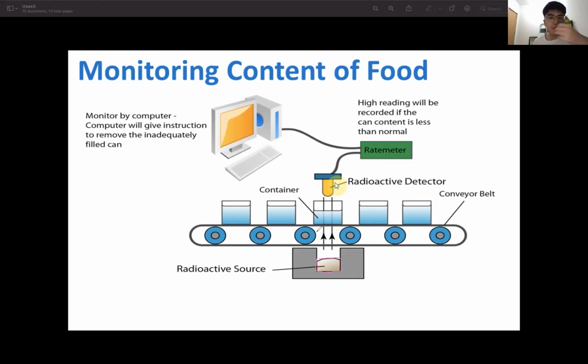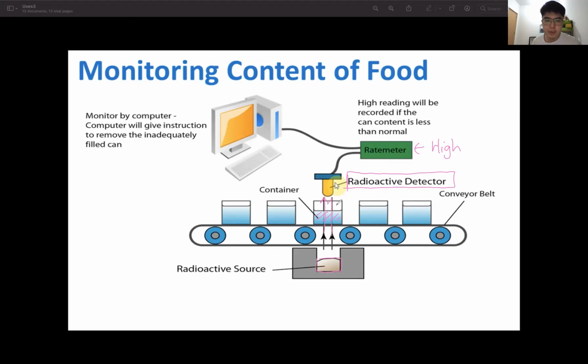And then if the content of the canned food is lower than it should be, then you will detect a high reading at the detector. The rate meter will show a very high reading, because if the content is very small, only a little content, then much radiation can pass through.